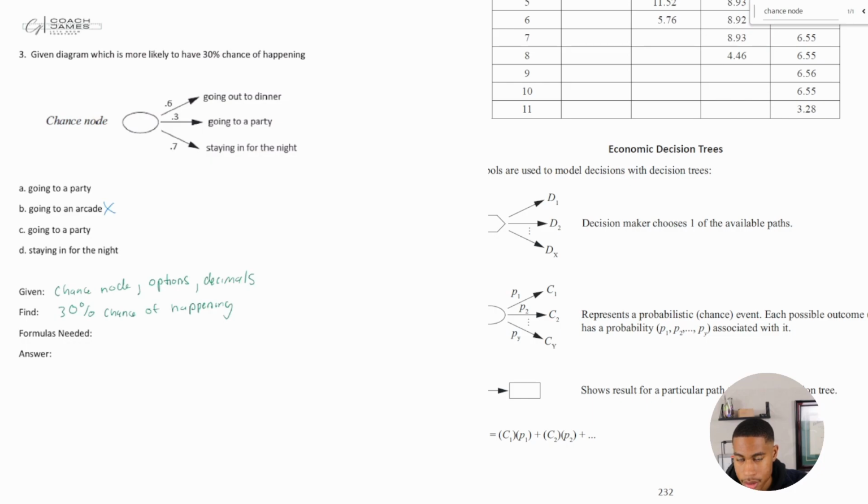There's a 30% chance that you can go to a party, 70% chance that you'll be staying in for the night. All right. Okay, so just reading that out, I know that the probability of my chances of going to a party is going to be 30%, which is our answer. So C, we're going to go with C.